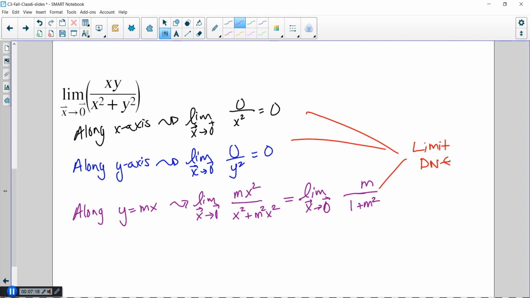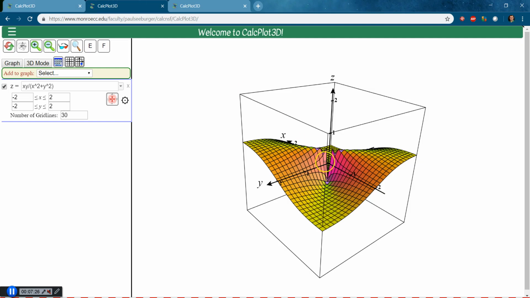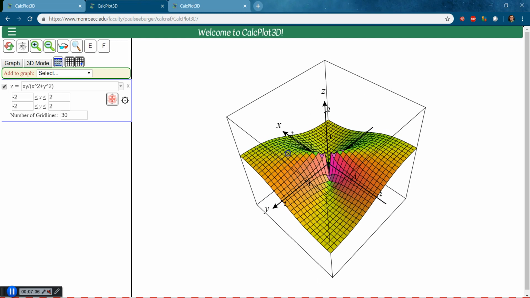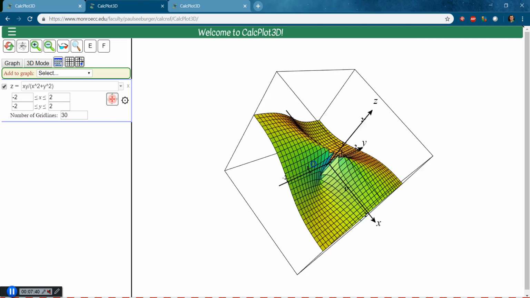And again, I could check this just as I did with the previous one. I do have this made in CalcPlot 3D, and so you can kind of see it. It's tough from this perspective. I'll change perspectives in a minute, but you can see that as you turn, there's a bit of an anomaly right at the 0 vector.